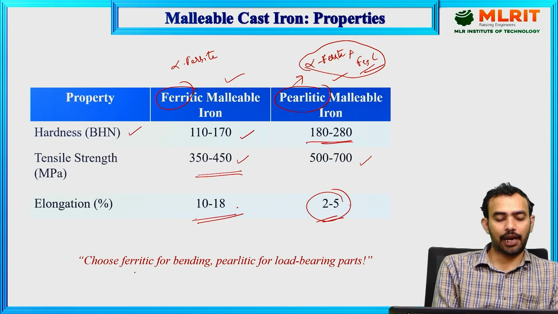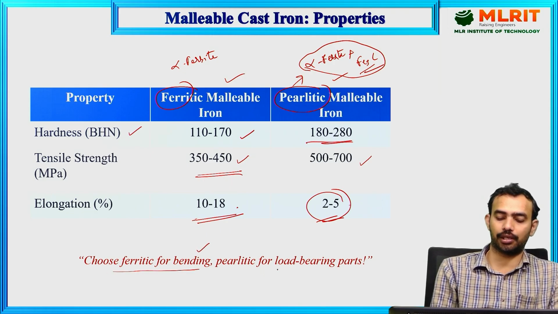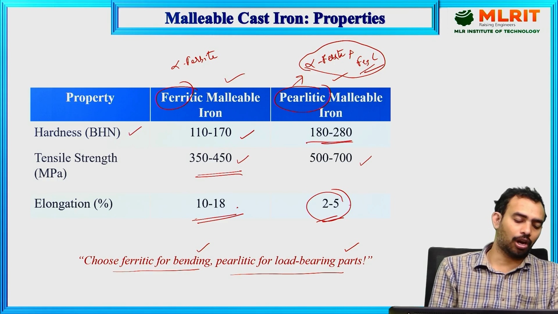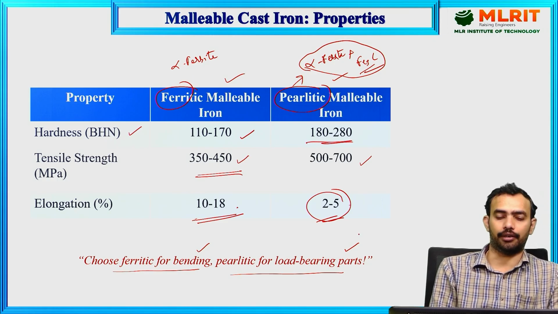So we have to make a choice. Choose ferritic for bending applications and pearlitic for load bearing parts. Where strength is your prime motive, you can opt for pearlitic matrix, whereas where bending or a little flexibility is needed, we can opt for ferritic malleable iron.